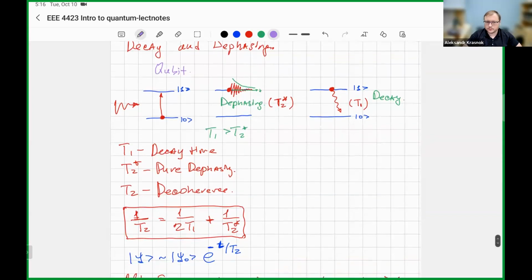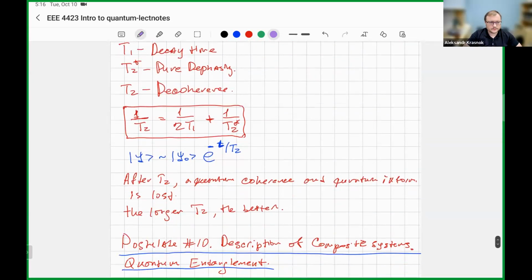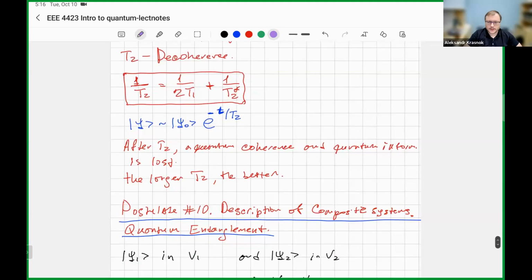And T2 is always smaller than T1 because decay also contributes to the dephasing. That's why we have this framed formula for the total dephasing T2, which is given by the decay and pure dephasing.